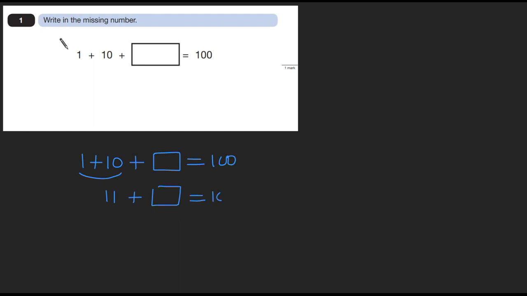So you need to do the inverse operation: 100 take away 11. It's 10 becomes 9 and this becomes 10. 10 take away 1 is 9. 9 take away 1 is 8. So 89 is the correct answer for question number 1.